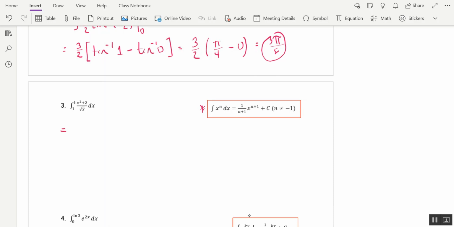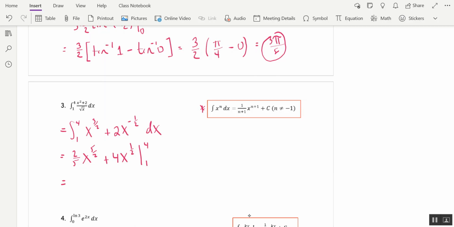So this is equal to, I haven't integrated yet, the integral from 1 to 4, x squared over root x is x to the 3/2, plus 2 over root x is 2x to the negative 1/2 dx. Now I can integrate. So this is 2/5 x to the 5/2 plus 4x to the 1/2, straight bar 1 and 4. Again, pause if you need to.